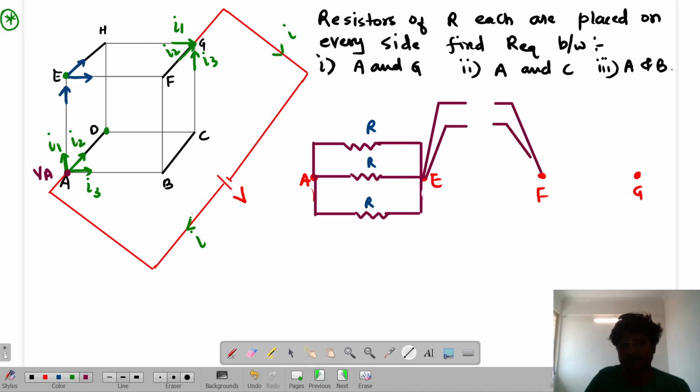Now this is potential at E. Once again, when it is appearing at H, it is once again going as I1 to G or not? Are you able to get me?